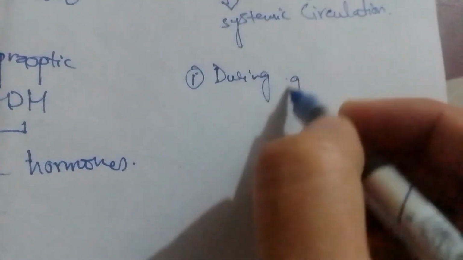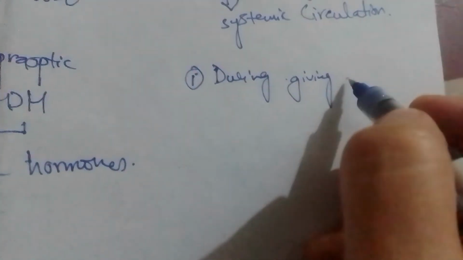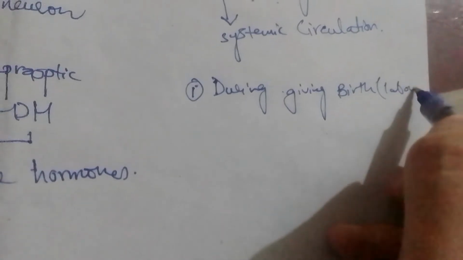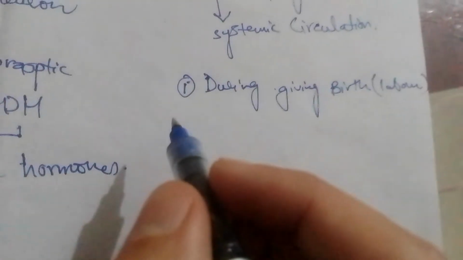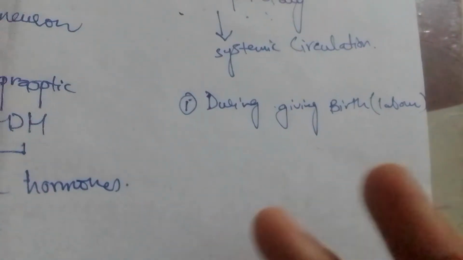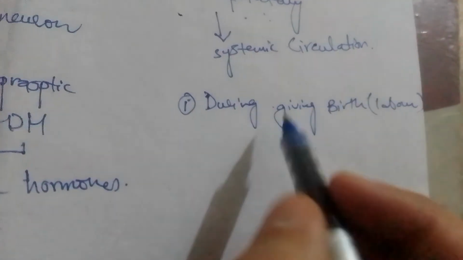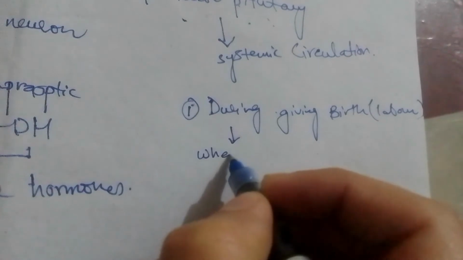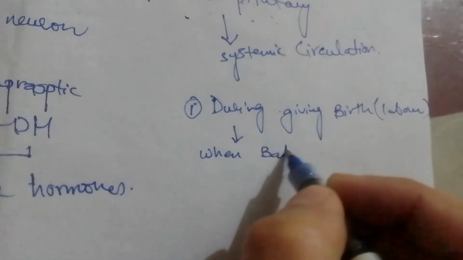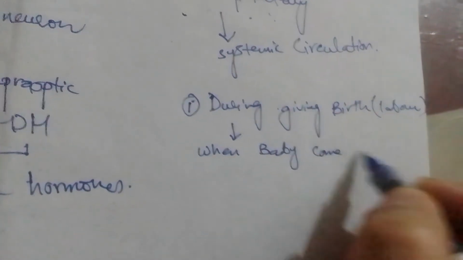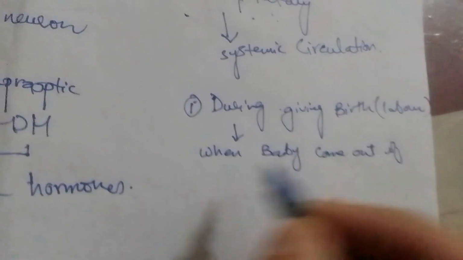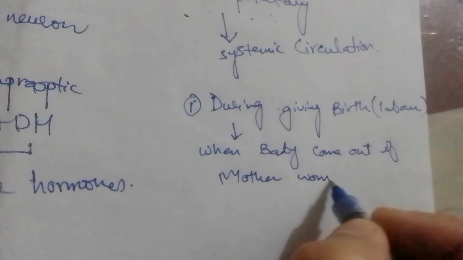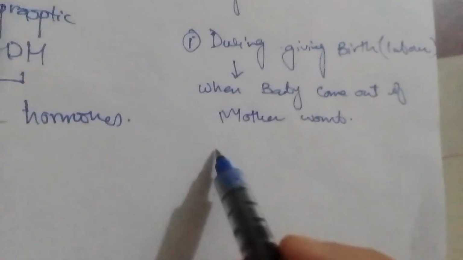Now, as we discussed, oxytocin is released in the body during two functions. One is during labor, during giving birth by the mother. During labor, when the baby comes out of the mother's womb, it contracts the cervix, as a part of the reproductive system of the mother.